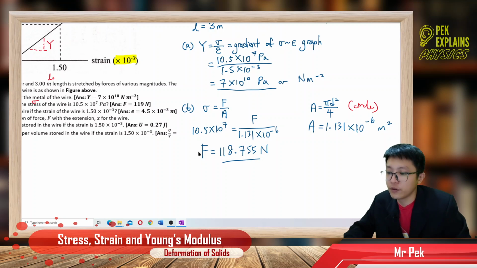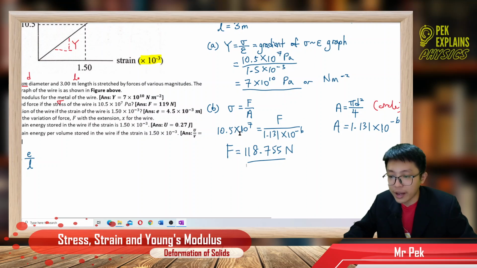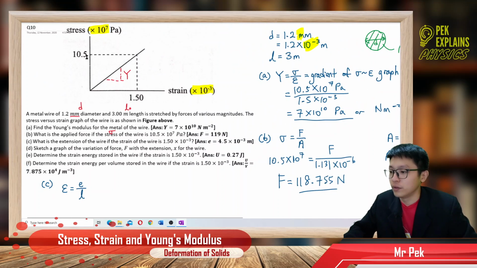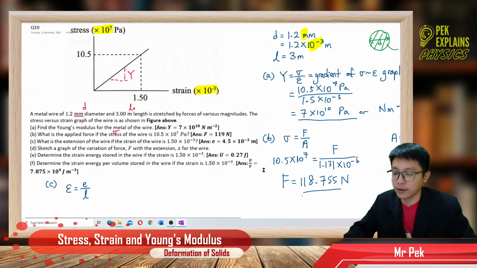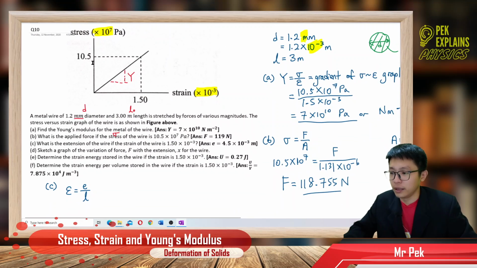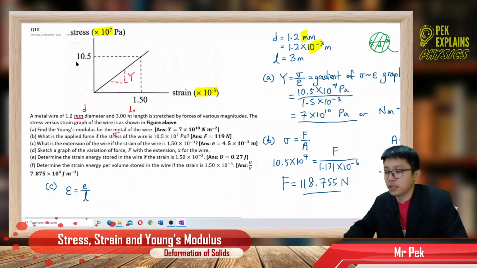That's my applied force for this stress. So I can say this 10.5 exponent 7 stress is equivalent to a force of 118.755 Newton.